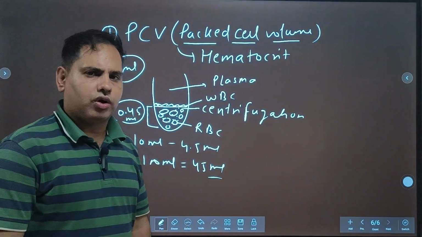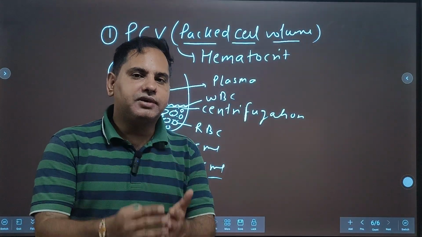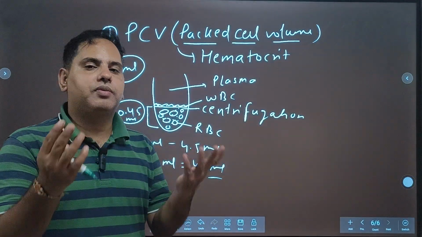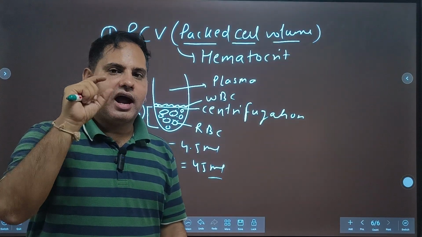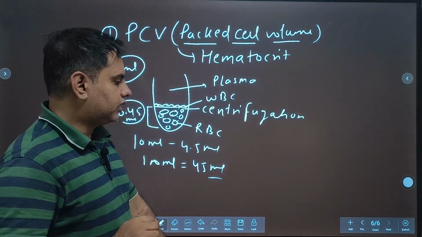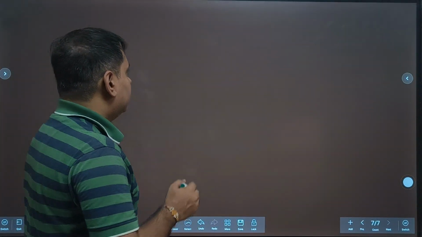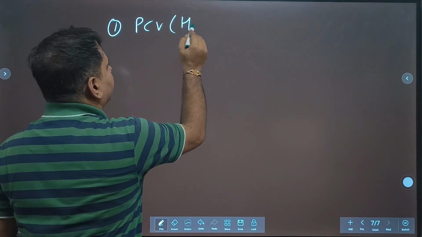That is your packed cell volume, right? The volume which is occupied by your RBCs in a packed condition. So how will it be packed? You have to do the centrifugation, your cells will settle down, it will be packed, and normally it will be 0.45 in 1 ml blood. So that is your packed cell volume. I hope you understand what packed cell volume is, or we also call it hematocrit.